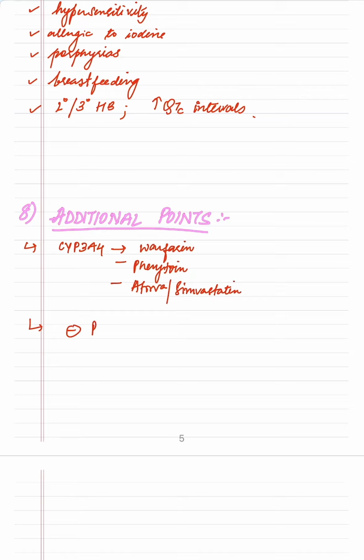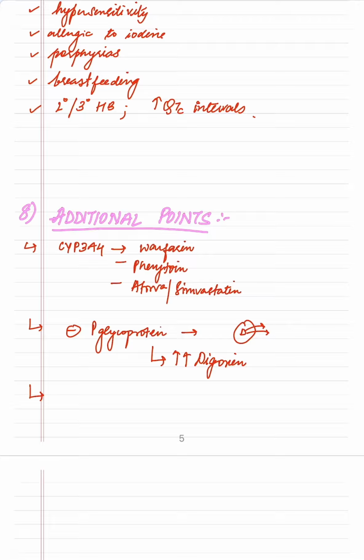It also inhibits P-glycoprotein. Now the function of P-glycoprotein is to pump digoxin out of the cells. So if you're giving amiodarone and digoxin concurrently, because it inhibits P-glycoprotein, it leads to increased digoxin levels.